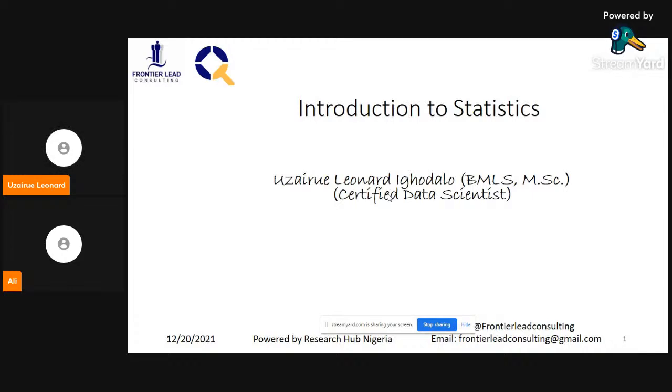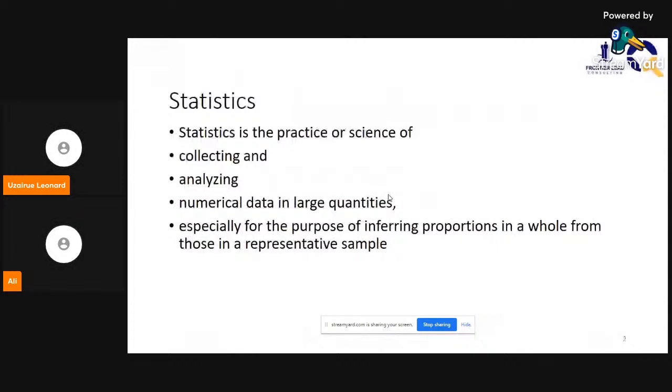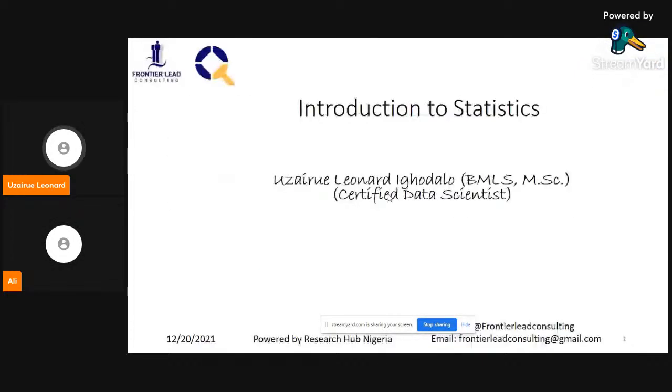Okay. So now, first and foremost, this class is going to be divided into several classes. The first one is introduction to statistics. Then we'll look at how to choose the right statistical test. Then we'll look at how to do normality testing.